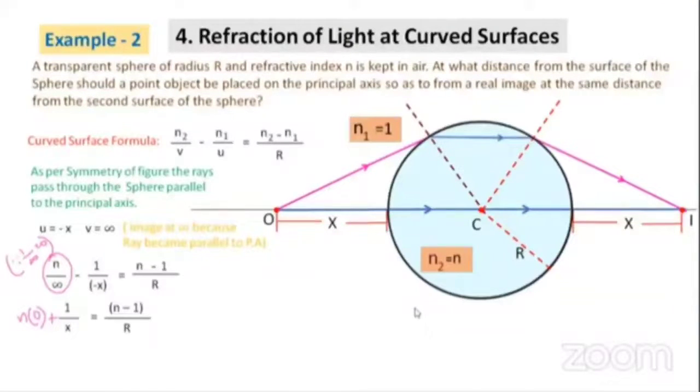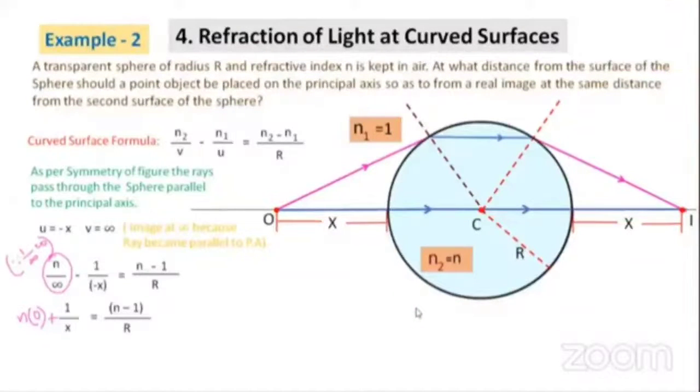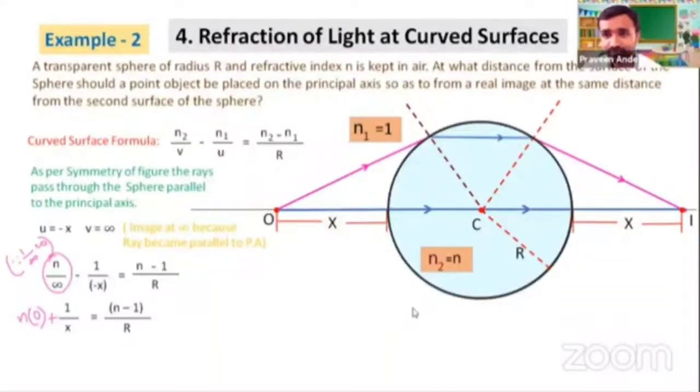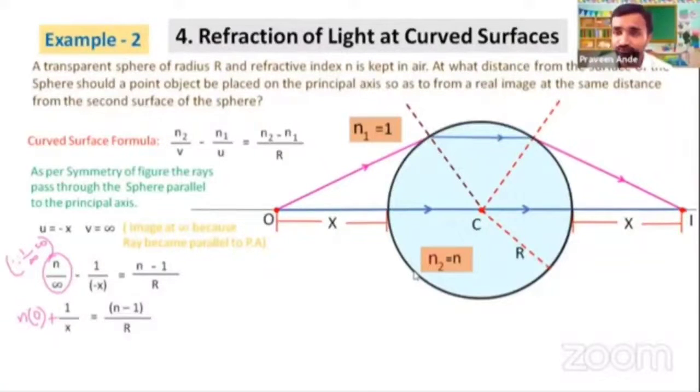So we'll go to the next step. What we actually required is the distance at which the object of the sphere should be placed from the surface of the sphere. Already we assumed that distance as x. So I have to find x. Write the reciprocal of 1 by x equals (n minus 1) by r.